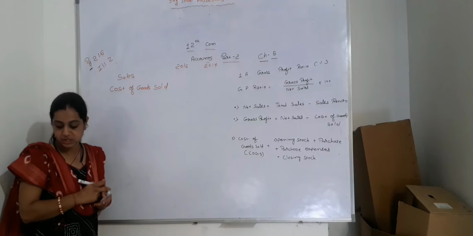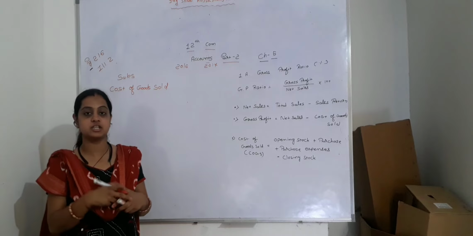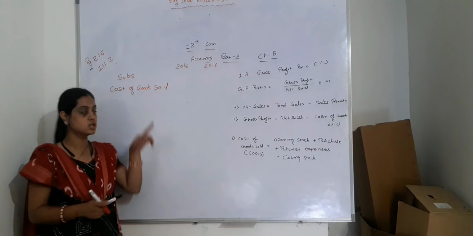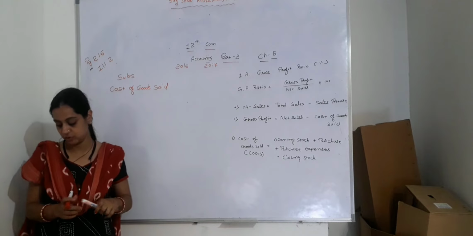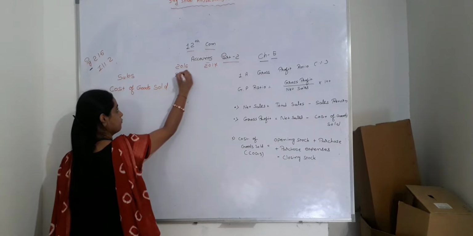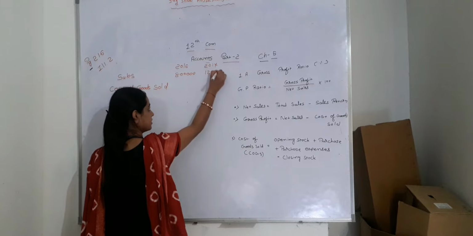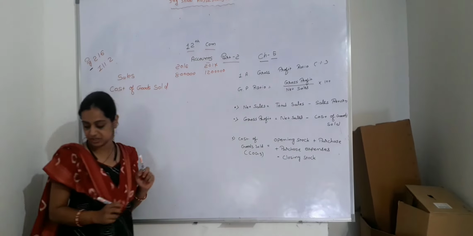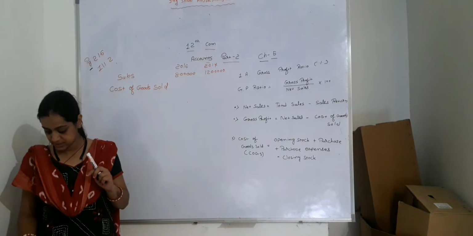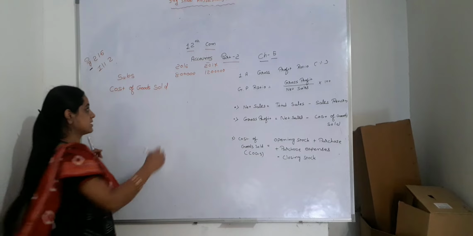From the given information of O business entity, calculate gross profit ratio. They have given sales and cost of goods sold. Sales is 8 lakh and 12 lakh, and cost of goods sold is 6 lakh and 10 lakh.